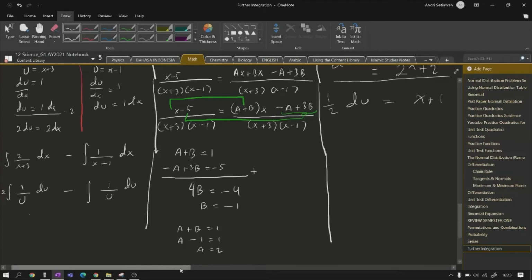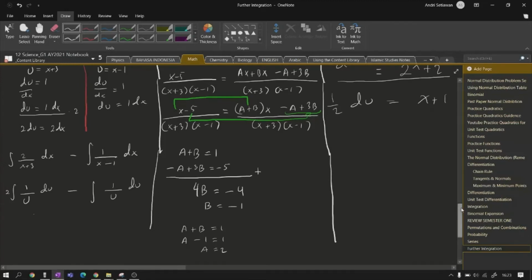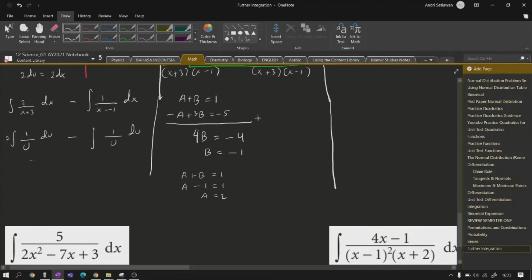Maybe this is new for you. The integral of 1 over x is something you have learned. This is a property of integrals. So if you meet 1 over u, or u to the power minus 1, it can be rewritten directly as 2 ln u minus 1 ln u, because the integral of 1 over u is ln.